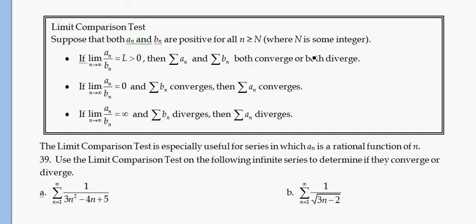So they either both will converge or both diverge. If you picked a divergent series to compare it to and you get some limit, then your original will diverge. If you compared it to a convergent, your original will converge. In the case of 0 or infinity, it depends on whether your comparison converges or diverges. So the first example we looked at today, the thing you're comparing to converged.